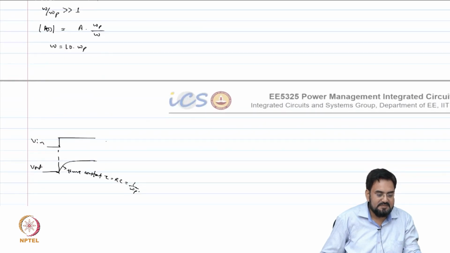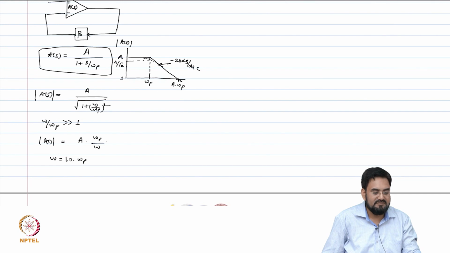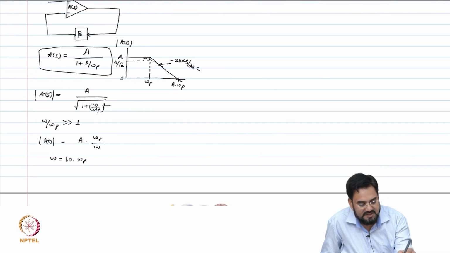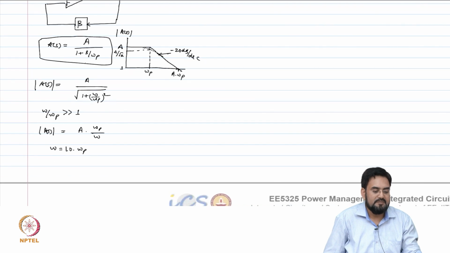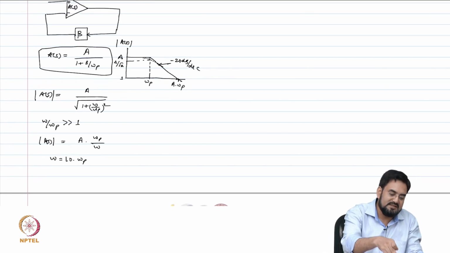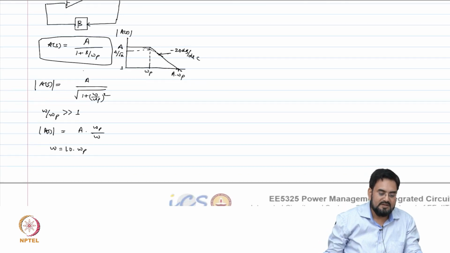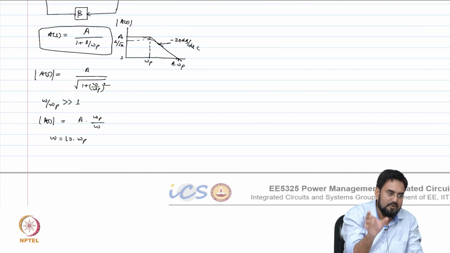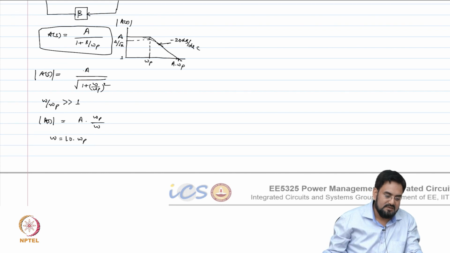So a first order system is always stable as long as your pole is in the left half plane. If you make it in the right half plane, then what will happen? This system will become 1 minus s over omega p. I am just saying that this will become, but you have to look at it from the closed loop perspective. So when your closed loop pole comes in the right half plane, then what will happen?